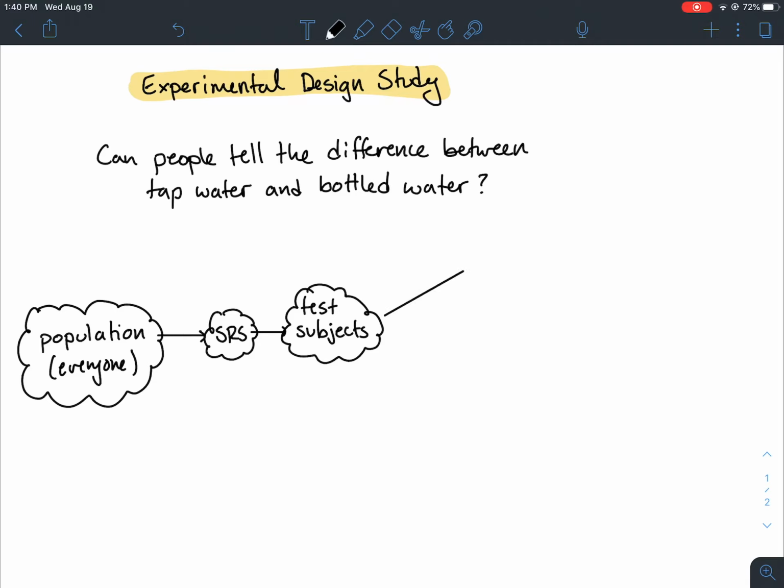We're going to take an SRS of our test subjects, because we still want that randomness. And then we're going to take the rest of the people and put them in a different group. In this group, I'm going to give people tap water. And in this group, I'm going to give people bottled water.